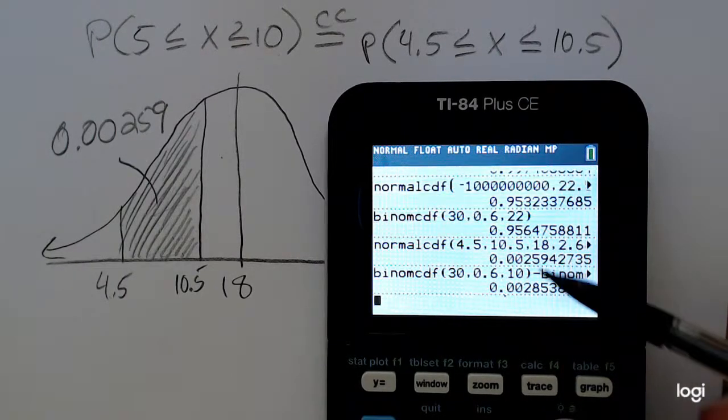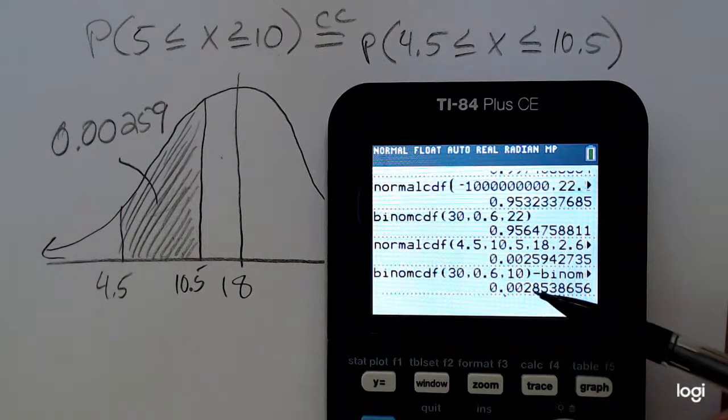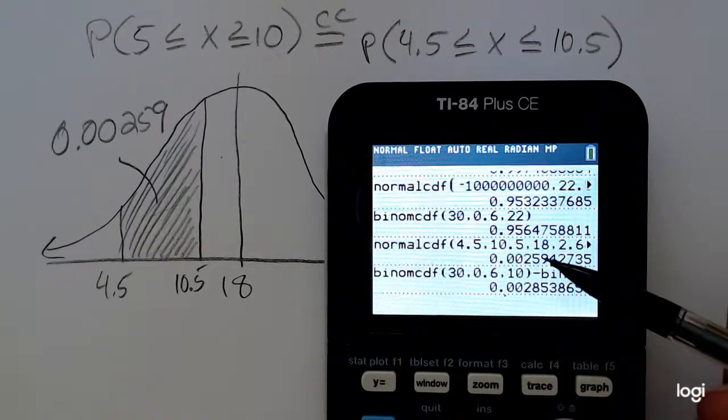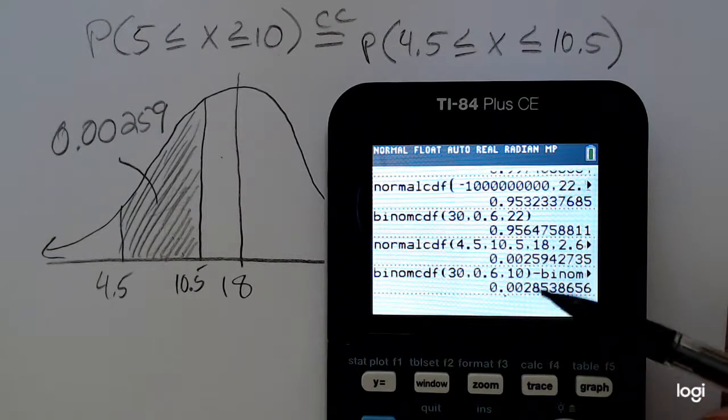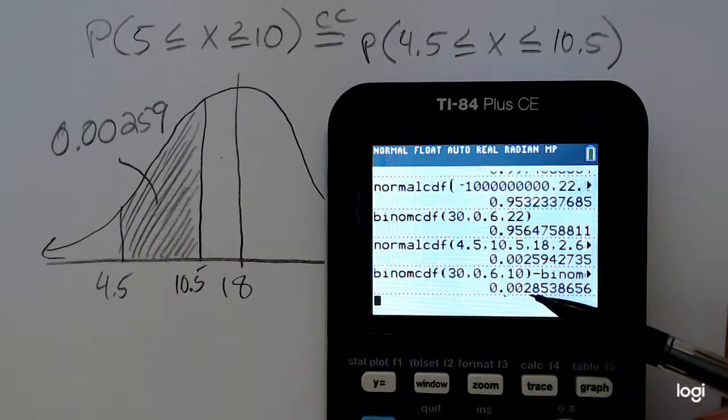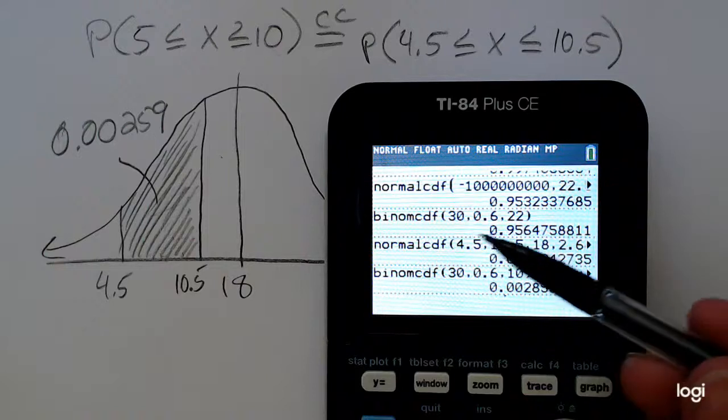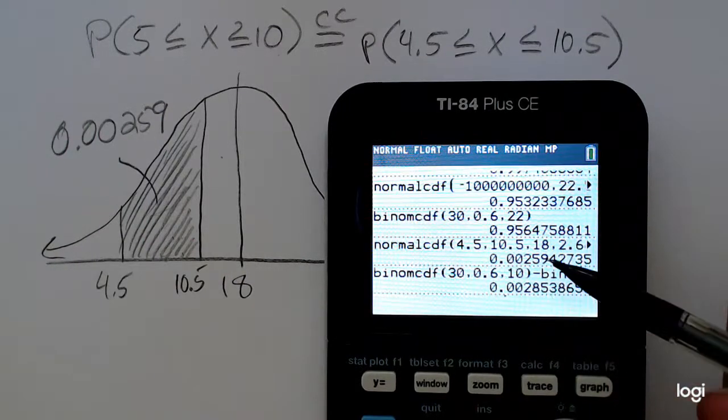All right, so you see that when I use the binomial distribution and compare it to the normal approximation, they're actually pretty close. Rounding to 3 decimal places, these would both be the same. But if you're taking my class, in this section that we're covering, all of the homework problems are going to be emphasizing using the normal approximation to the binomial.